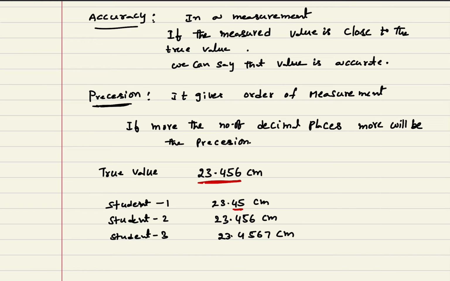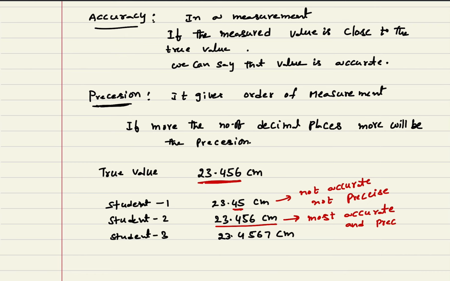But here, how many decimal places are there? 3 decimal places. 23.456 has 5 digits, while the first has only 4 digits, so it is not accurate and not precise either. Student 2's reading of 23.456 centimeters is actually the true value, so it is most accurate and precise.